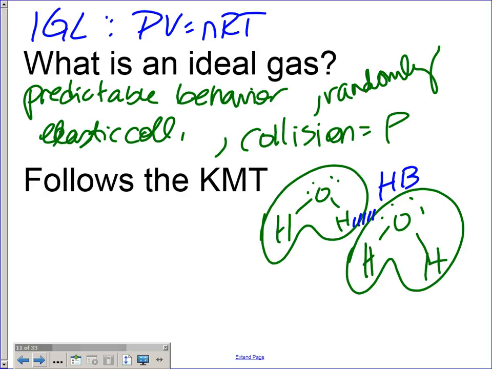If we assume real gases exist, we have to use the real gas law, which has a lot more variables in it. So we use this so that we can have a predictable process for solving problems like this. We're going to talk about real gases when we talk about the kinetic molecular theory. That's why we're allowed to use the ideal gas law, because we do a lot of assuming. And that's okay for right now.